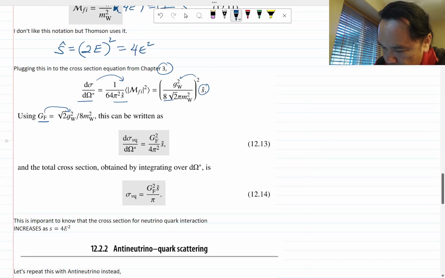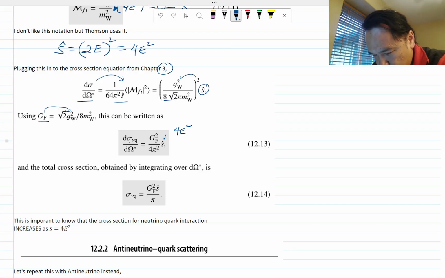So the differential cross-section for a neutrino scattering into a quark is going to be basically G Fermi square divided by 4 pi square, multiplied by the center of mass energy squared, where the center of mass energy is just 4E squared.